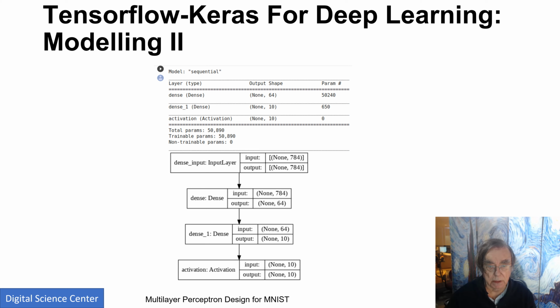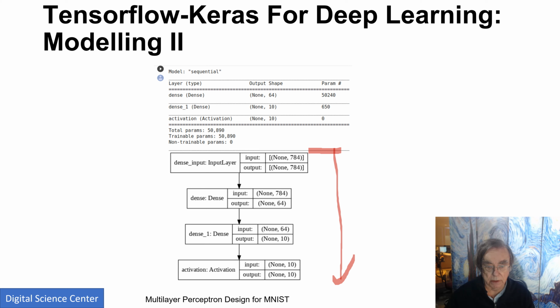So this is the one I normally use. I happen to personally use this slightly more appealing representation. So we go from 744 input to 64. That's the initial hidden layer.